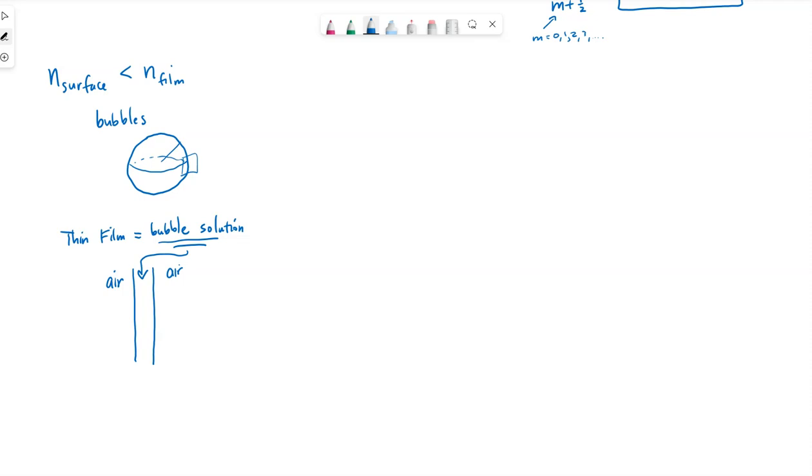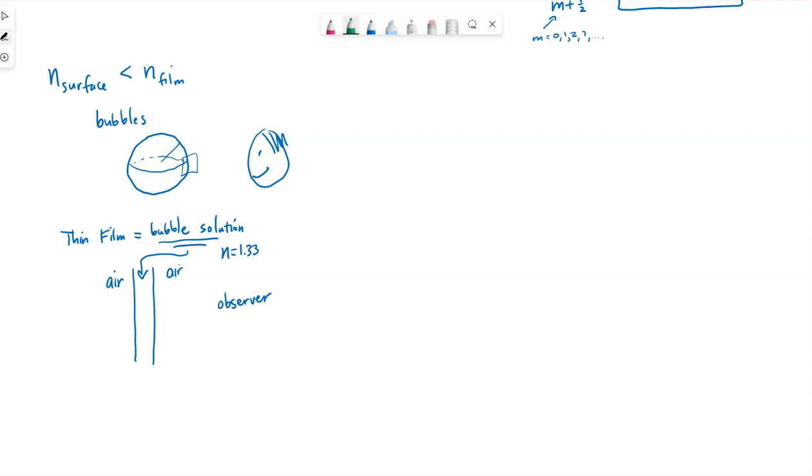I would assume it's probably fairly close to water. Let's say n of 1.33 just to talk about it for a second. So here's my terrible picture of someone looking at the bubble. The observer's over here.